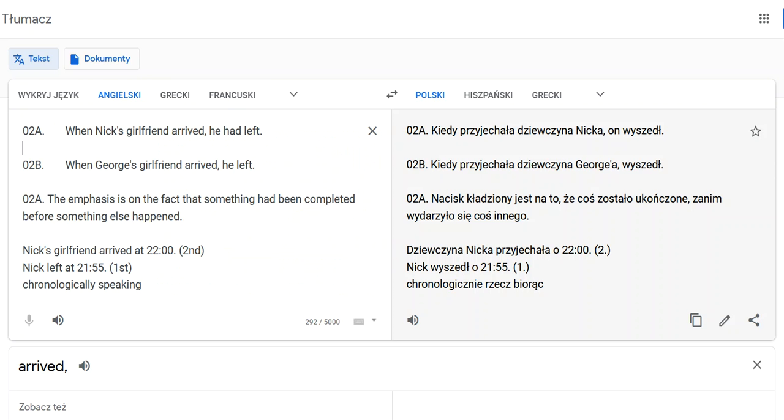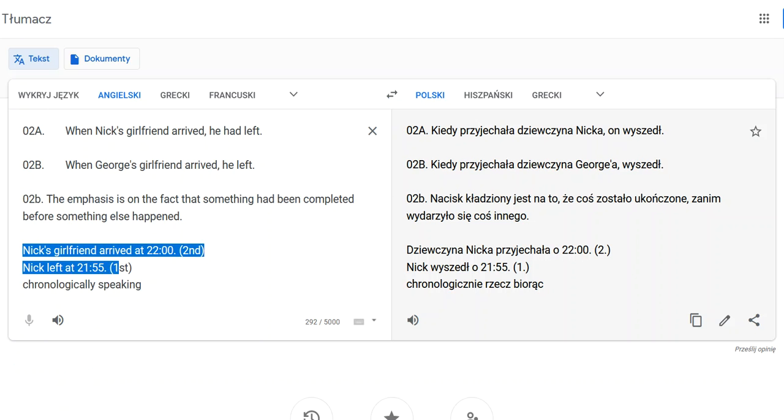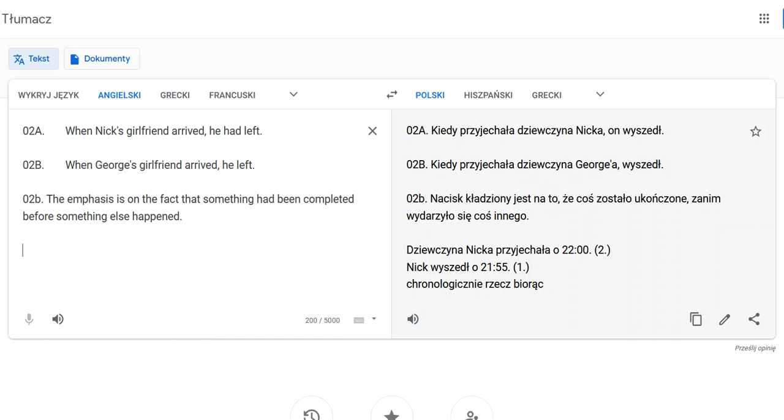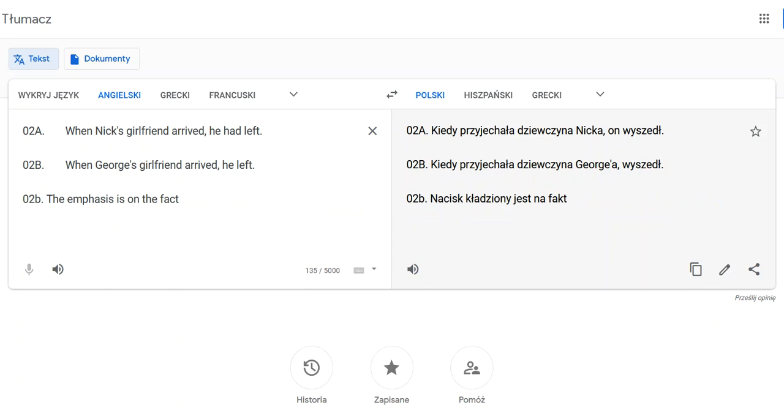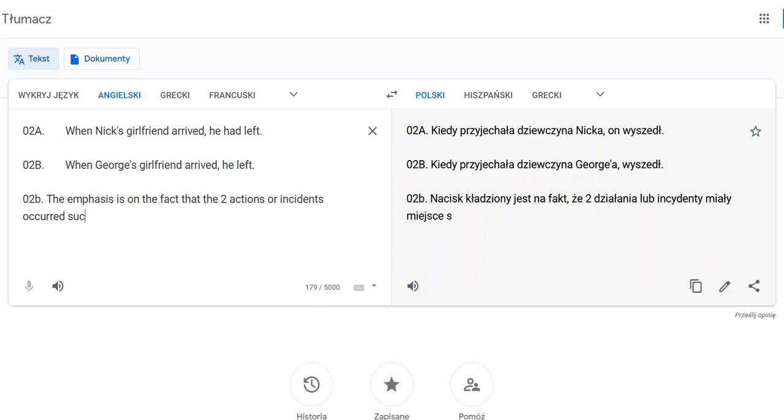Now, in the second instance, in the second sentence, the emphasis is on the fact that the two actions or incidents occurred successively.